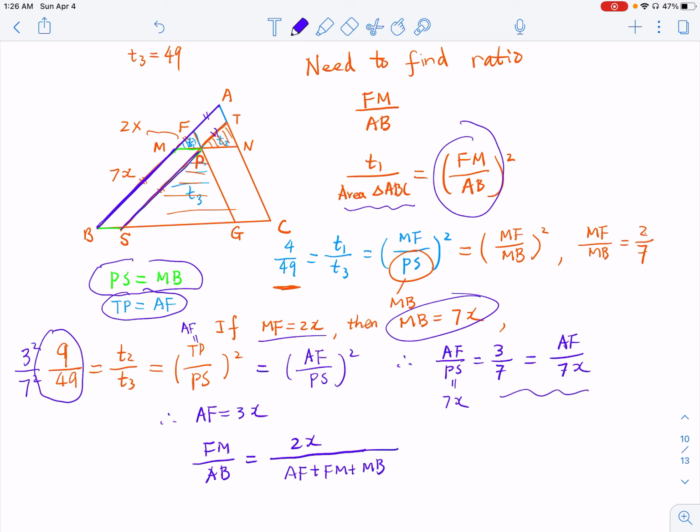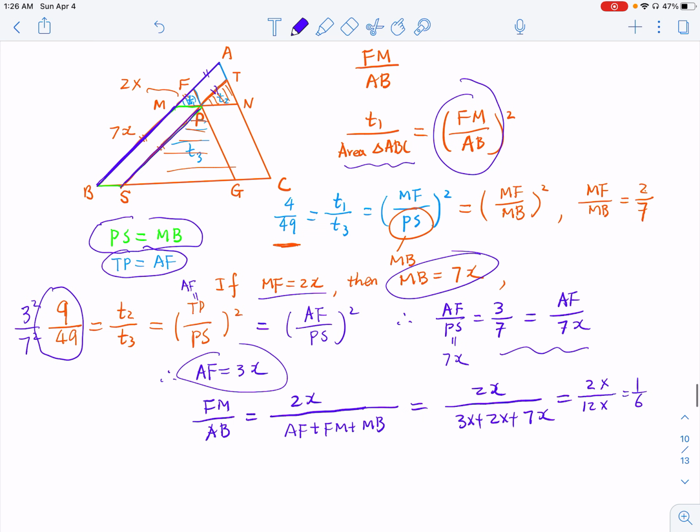MB equals 7x, FM equals 2x, and AF equals 3x. So that is 2x over 3 plus 2 plus 7, that would be 12x. So it equals 1 over 6. The ratio is 1 over 6.